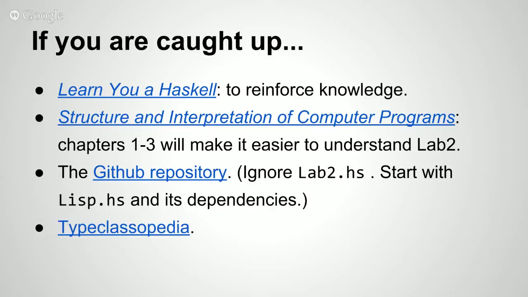Structure and Interpretation of Computer Programs is a Lisp book, but the second lab, which we're going to do when I get back, is based on a Lisp. So that'll just make it easier to understand what you're up against when you program a Lisp. In the GitHub repository itself, ignore the file called lab2.hs.